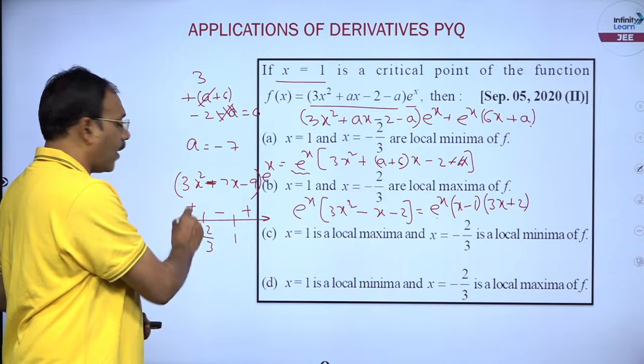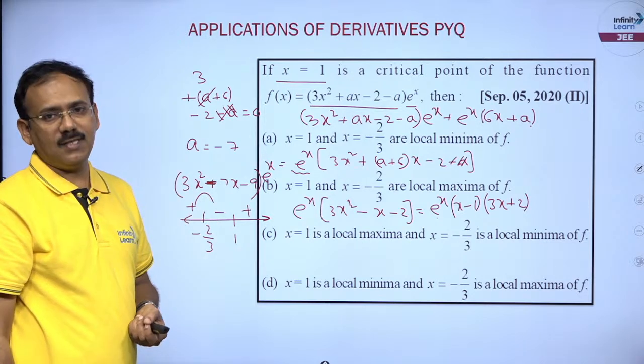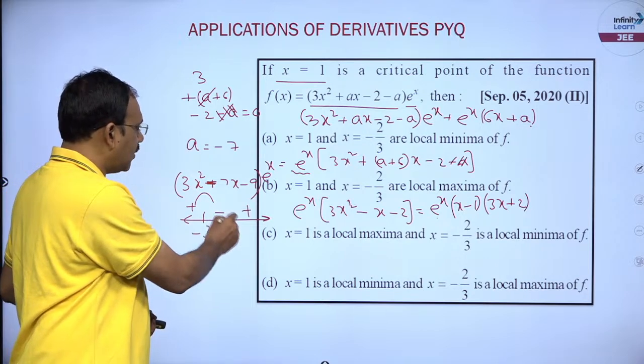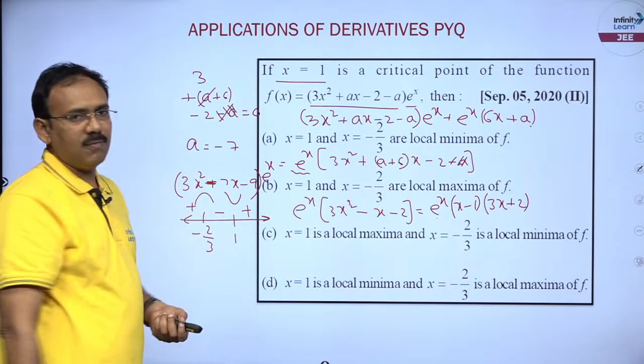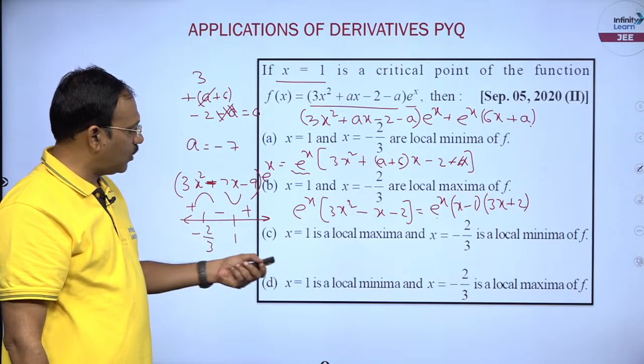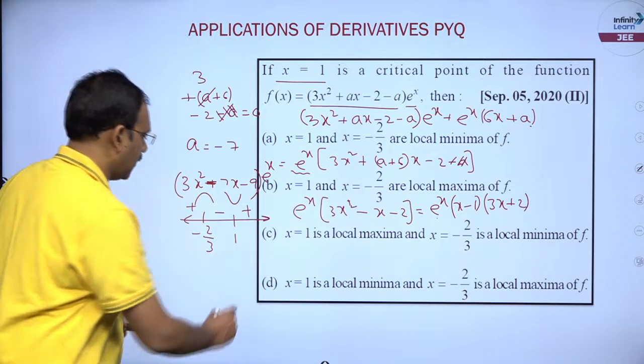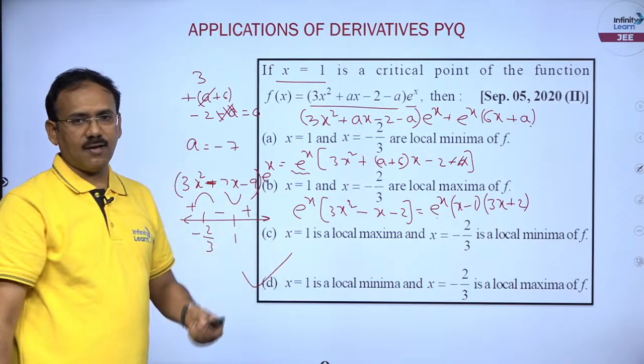Positive to negative means it will have local maxima at minus 2 by 3; at 1, negative to positive means local minima. So, friends, at x is equal to 1 local minima, at x is equal to minus 2 by 3 local maxima. So option D is the right answer.